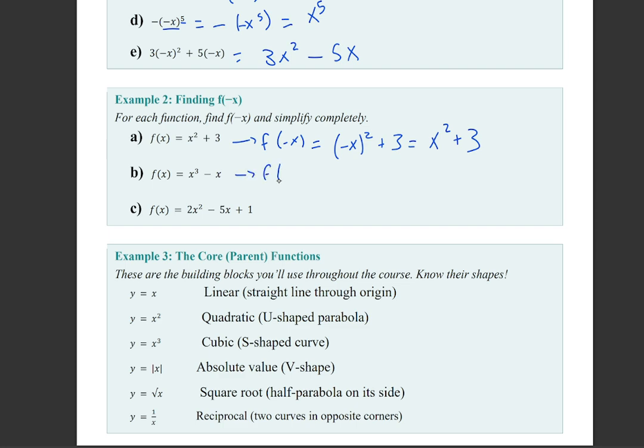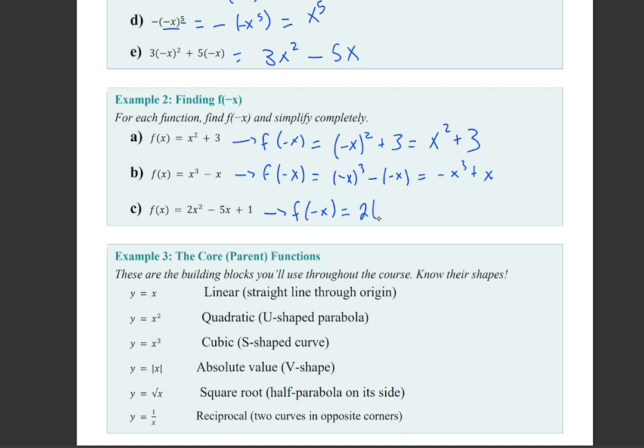Now if we look at f of negative x for this next one, it's (negative x) cubed minus (negative x) to the first. Well, that's just a minus x cubed. Then I have a minus negative x, which of course is plus x. Now for the last one, we look at f of negative x.